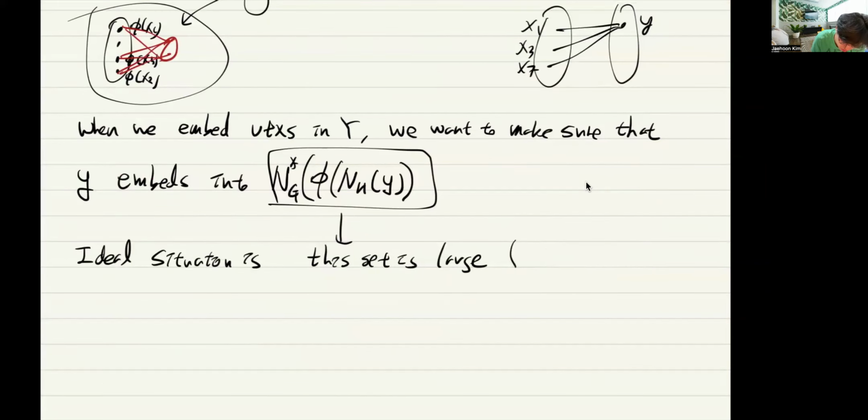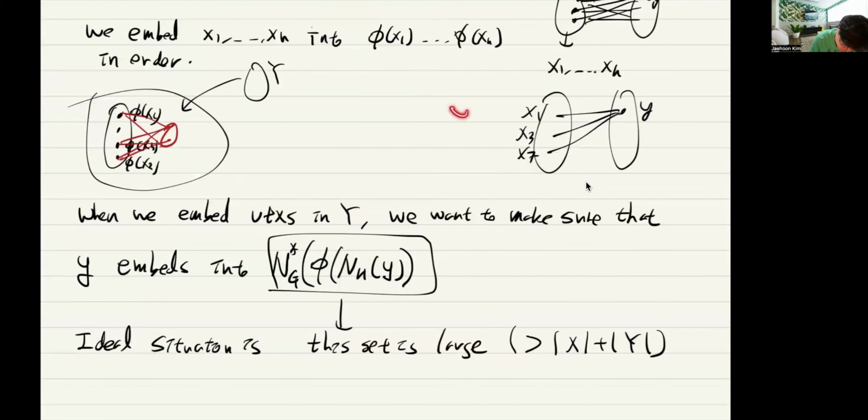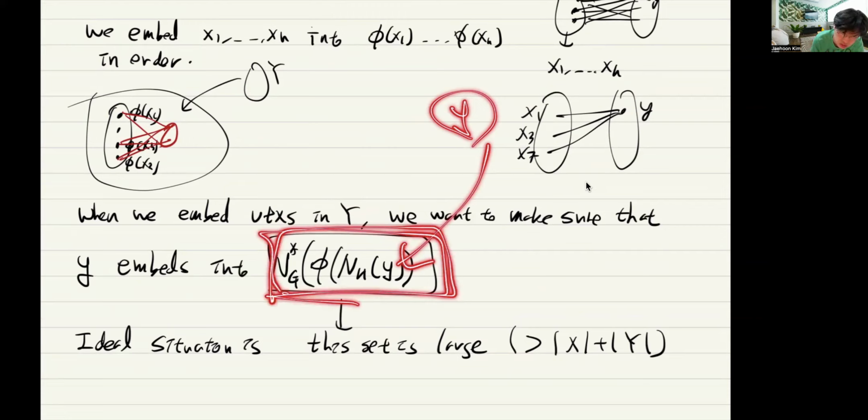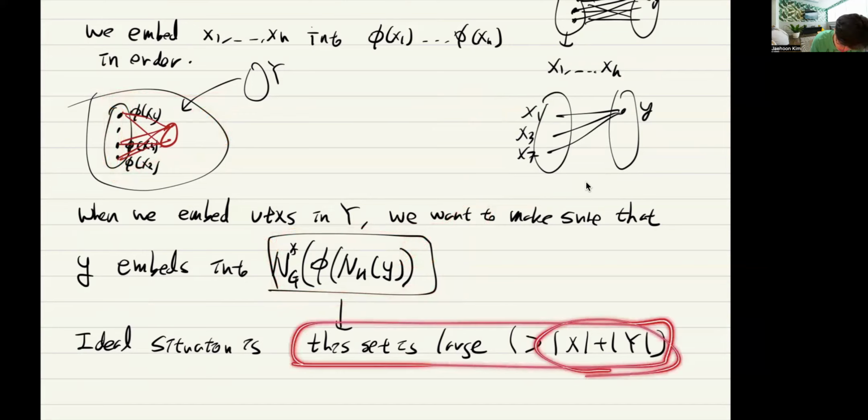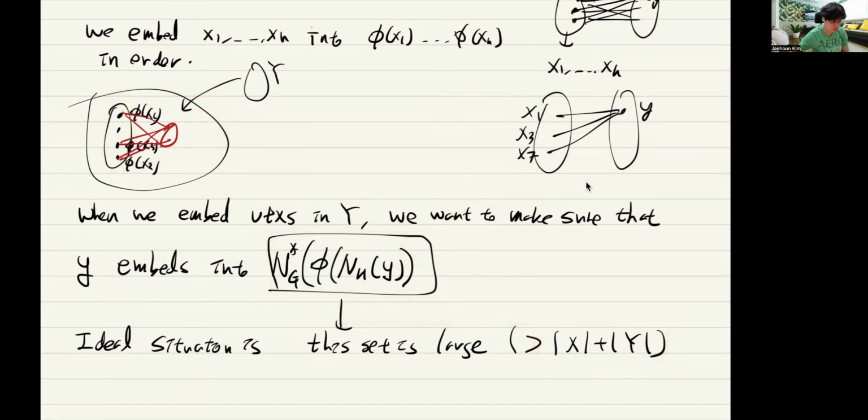Let's say not just bigger than |Y|, but bigger than |X| plus |Y|. So when you embed Y into here, you have this many choices, and among them you have to exclude the previous vertices. It could be some vertices in Y, as well as some vertices in the image of X. You exclude them, and still there are remaining ones, then you embed Y into here. But as long as this set is bigger than that, you will never run out of options.